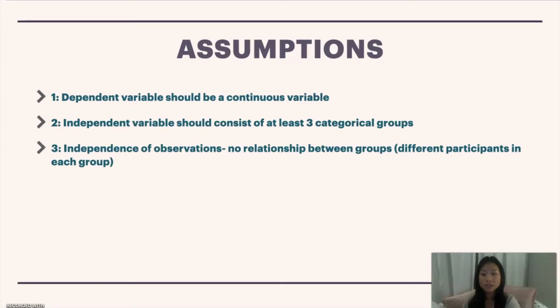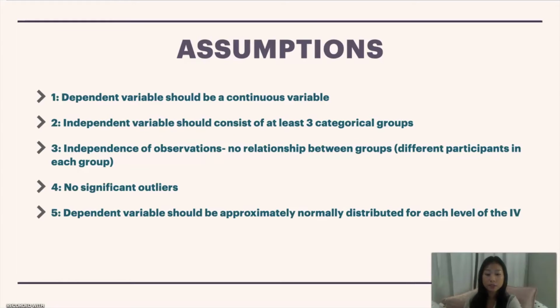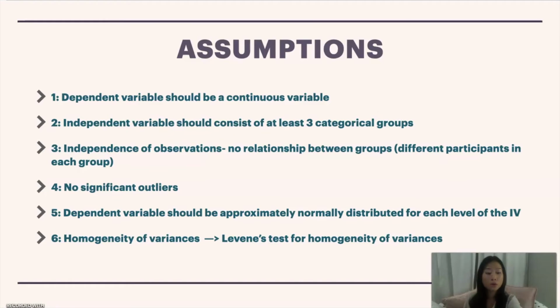So we just discussed three of these assumptions. So now let's look at these last three assumptions, which are all going to be tested in SPSS. So no significant outliers.